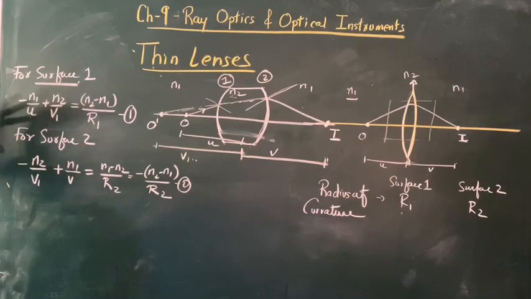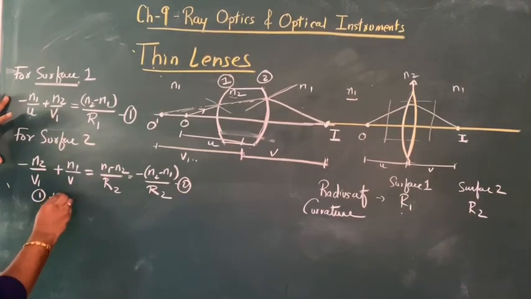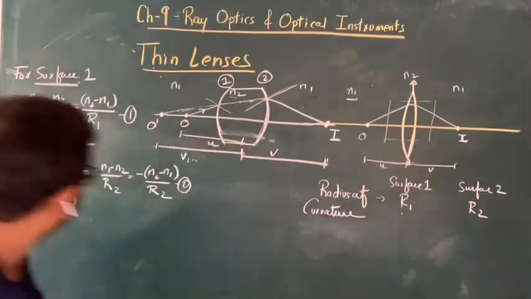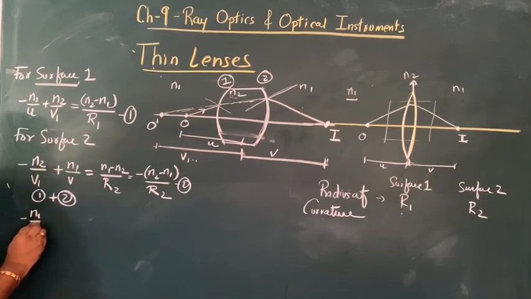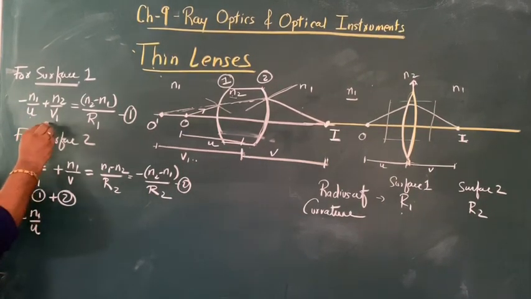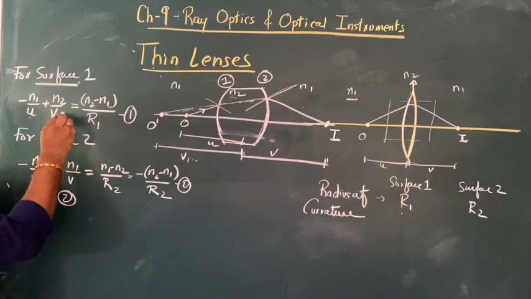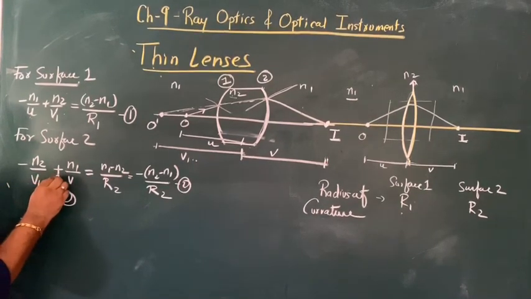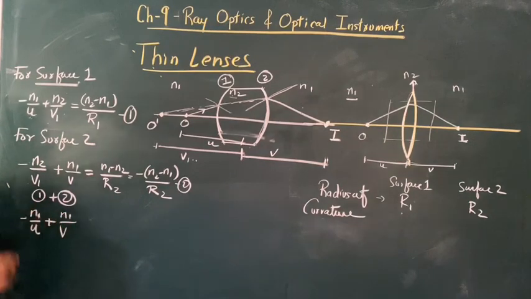So now we will add equations 1 and 2. What will be the answer? On the LHS, we have minus n1 by u plus n2 by v1 minus n2 by v1. It will get cancelled, so the remaining is plus n1 by v.